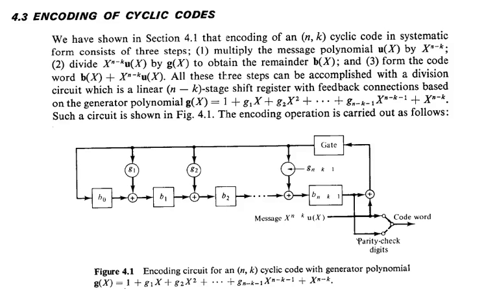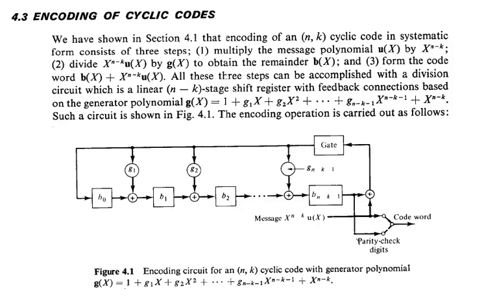Then divide x raised to n minus k u of x by g of x to obtain the remainder b of x. Then you form the code word b of x plus x raised to n minus k u of x.